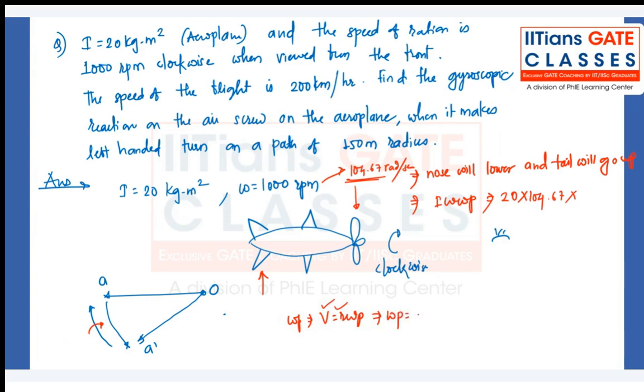Omega p is equal to V, which is 200 kilometer per hour, so 1000 divided by 3600, divided by R, which is 150 meter. This will be about 0.37 radian per second.